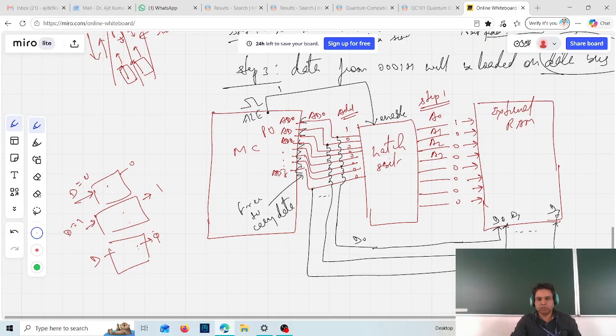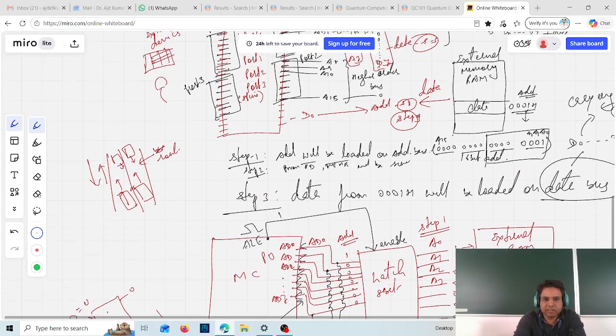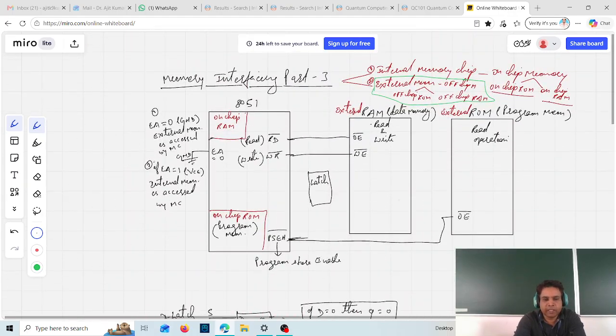The data can go in both ways. When it is going in this direction, it is for the write operation, and if the data is coming in this direction, then it is for the read operation. If you have understood this concept of latch, then I will come back to our main diagram here.